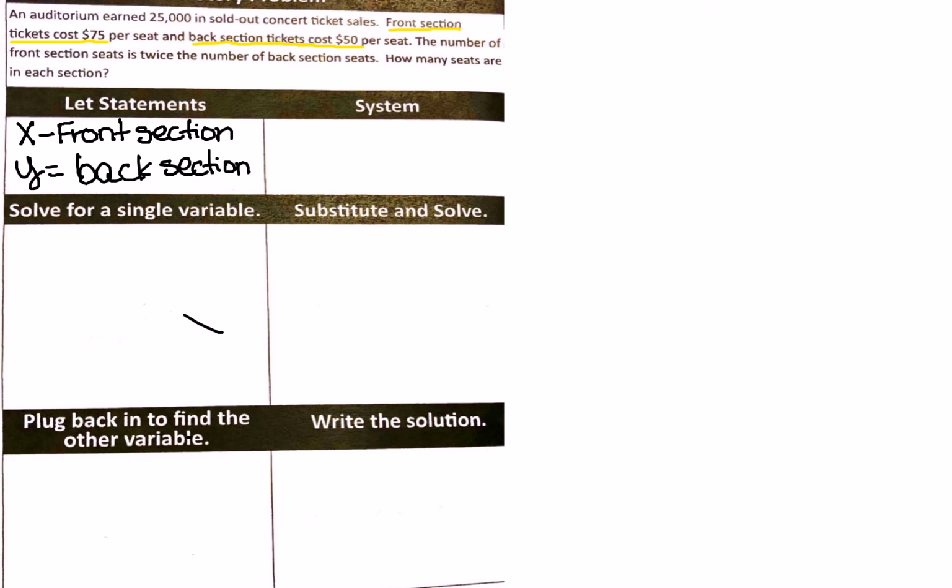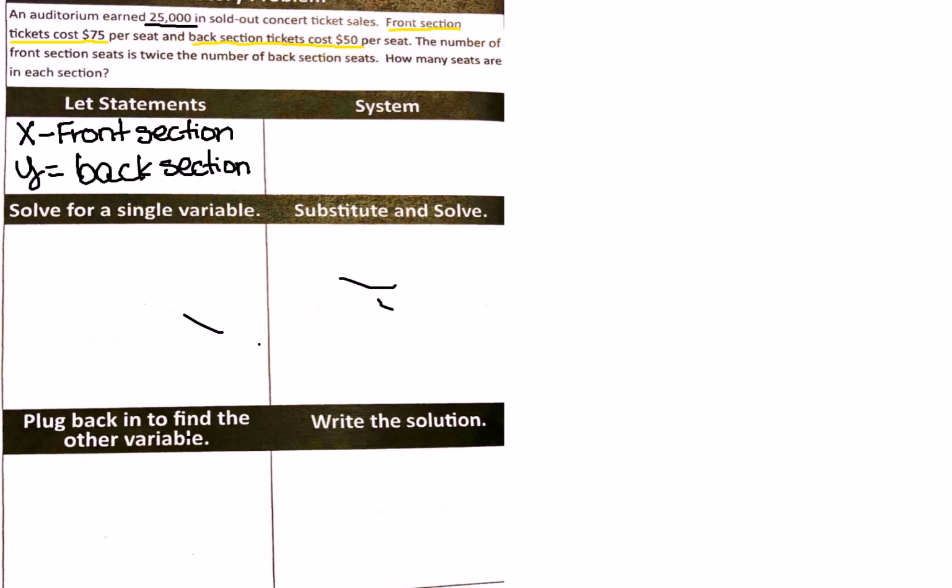Okay, now let me read one more time to create my system. It says that the auditorium earned a total of 25,000 in sold. So 25,000 is going to be the total money they earned. And the front seats are 75 and the back seats are 50. So that means that if I add the value for the front seat sold plus the value of the back seat sold, it should be equal to 25,000.